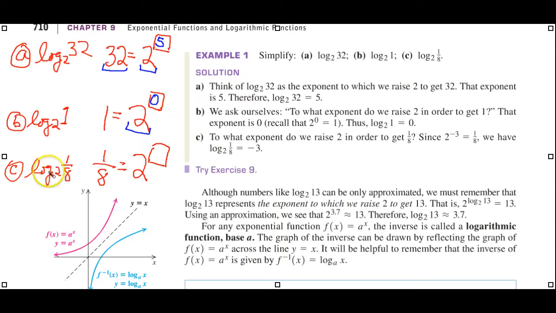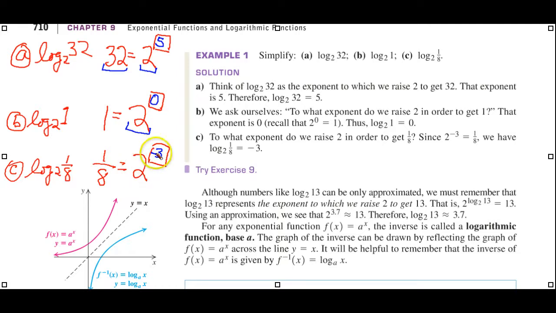All right, again, what will the exponent be of base 2 that when we raise it to that power will give us 1/8? Well, again, this relates to other work we've done, but it's going to be a -3.